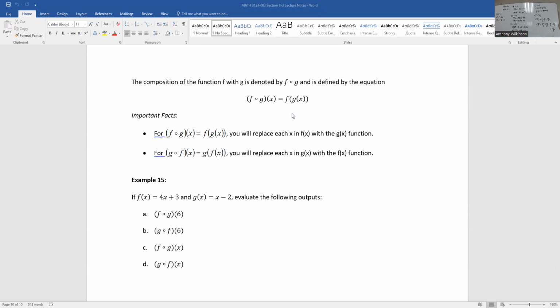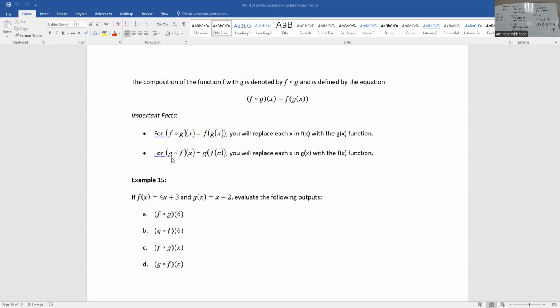Where, as you can see here, your inside function is g of x. The outside function is f of x. So if you were to evaluate that, what you'll do there is replace each x in f of x with whatever g of x is.